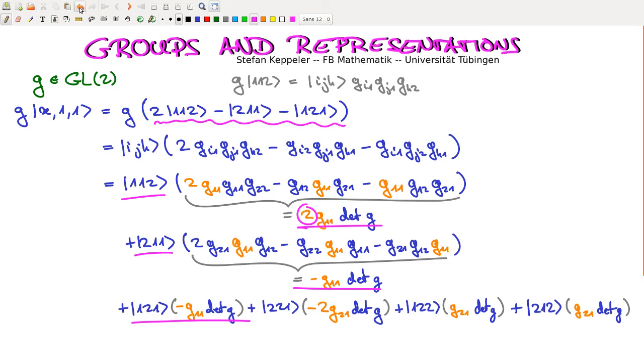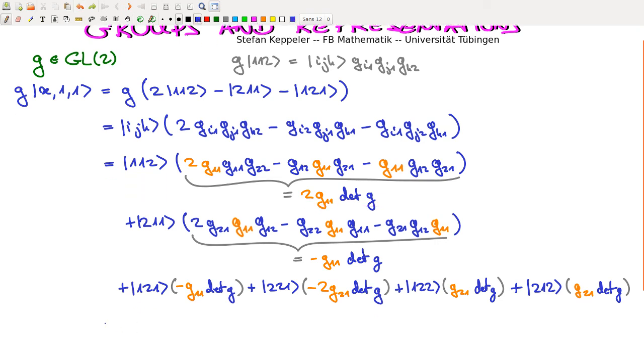So what we really got, if we spell this out here, is the determinant of G times this vector kappa 1,1 again, and then there was this additional factor G11, one matrix element of our GL2 matrix.